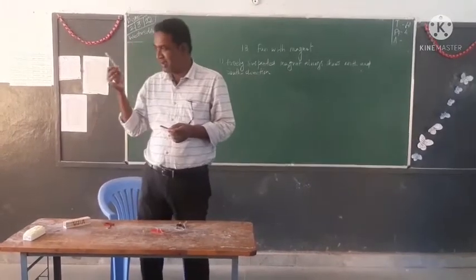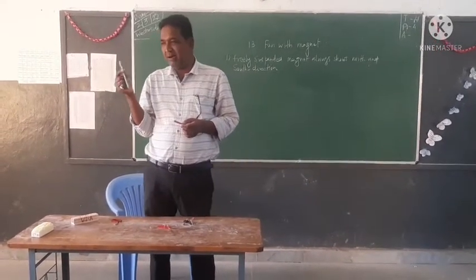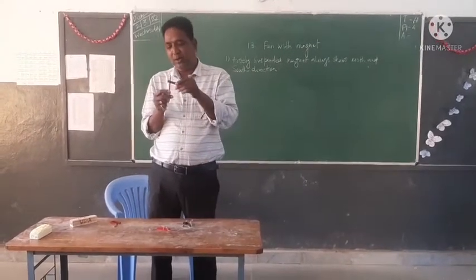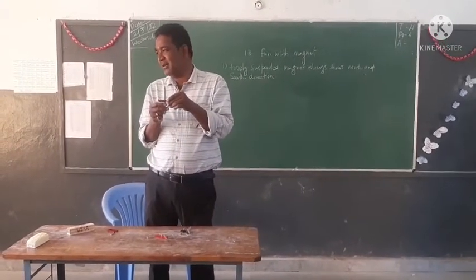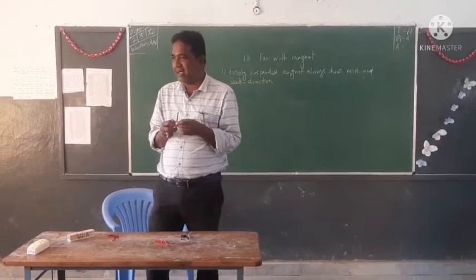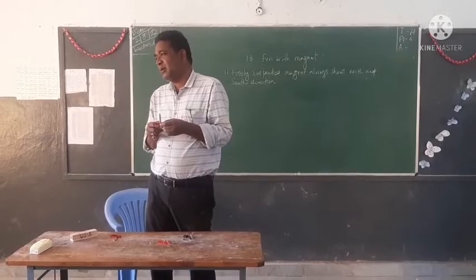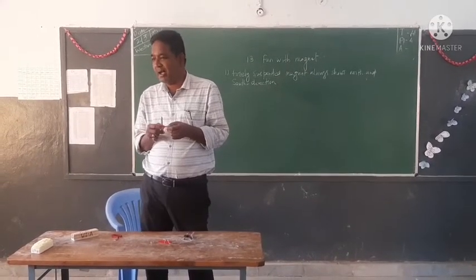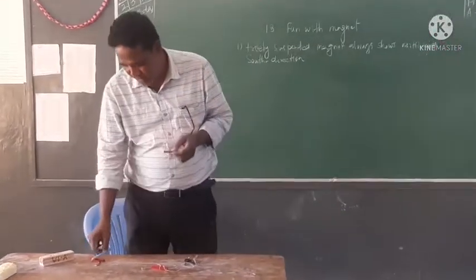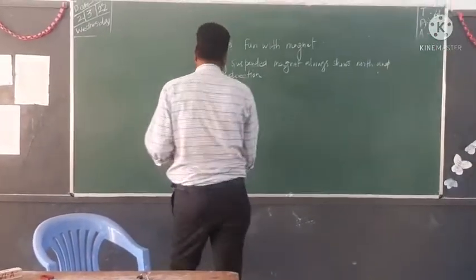Which is this one? Pen. The material of the pen is plastic. When you bring this material close to the magnet, it does not attract. है ना? So the magnetic material attracts towards metal, only metals, particularly iron, cobalt and nickel. बराबर?